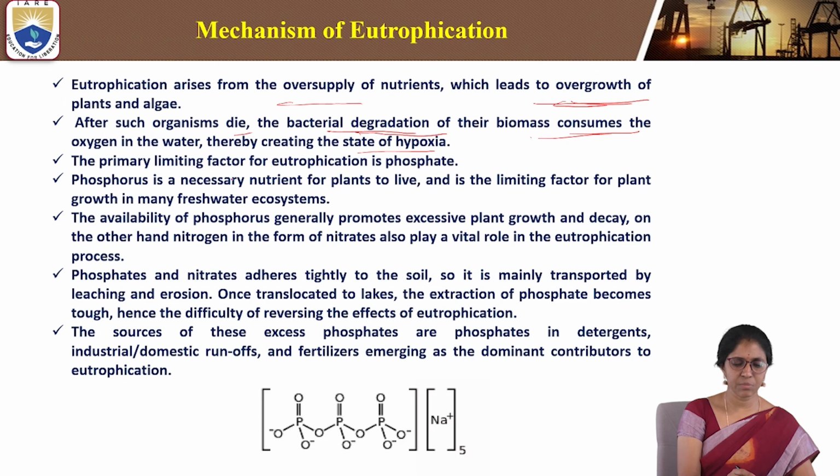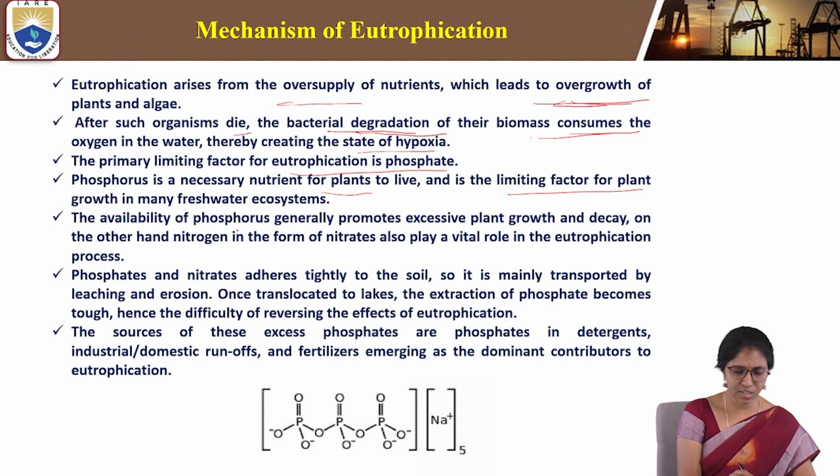The primary limiting factor for eutrophication is phosphate. Phosphorus is a necessary nutrient for plants to live, and it is the limiting factor for plant growth in many freshwater ecosystems.